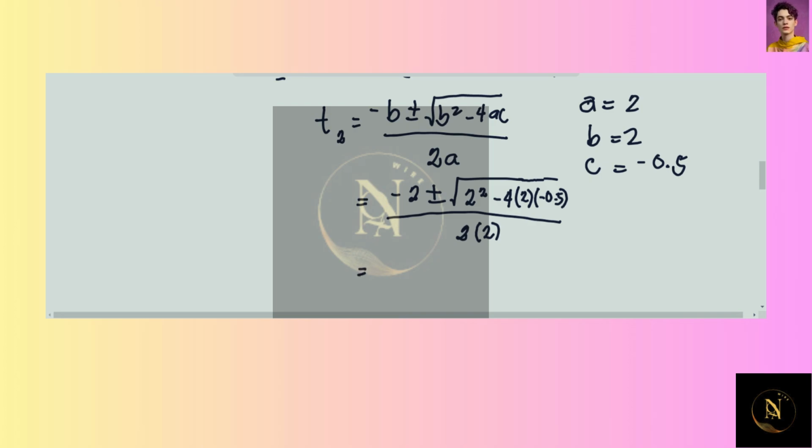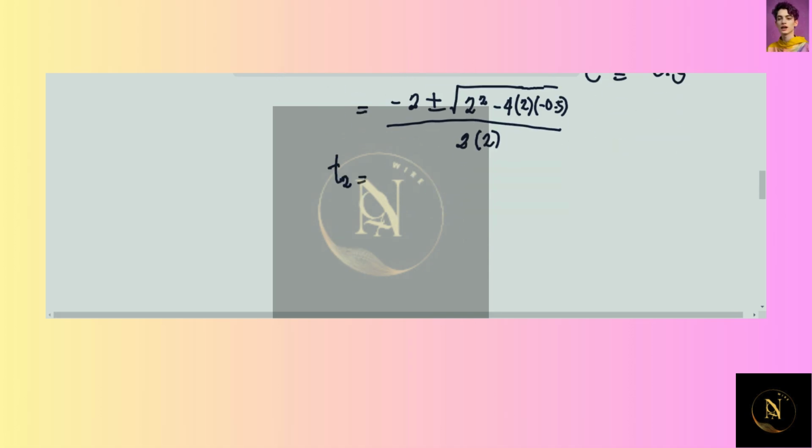Solving this equation, of course we'll only take the t sub 2 value with the positive sign, since what we're looking for is time, and of course, it will never be negative.